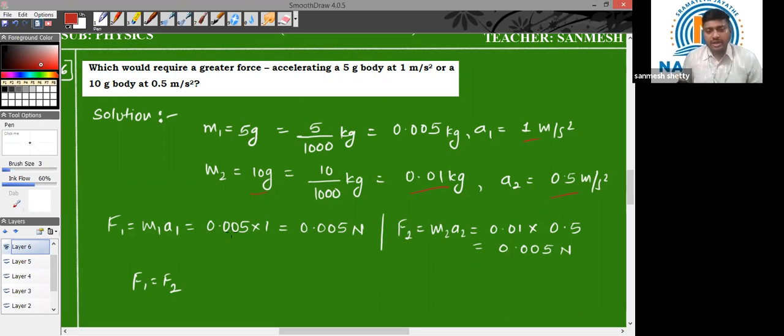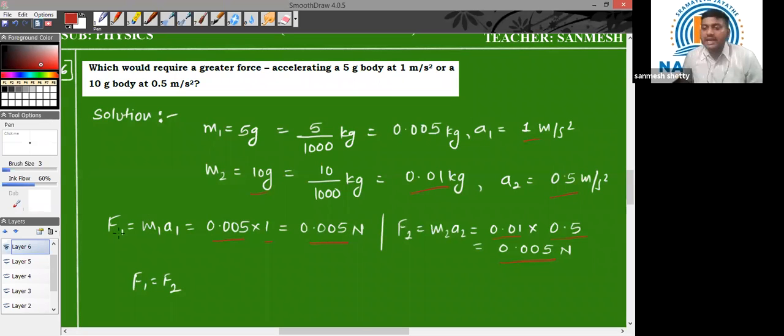So F1 is M1 into A1, which is 0.005 into 1, which is 0.005 Newton. Similarly, F2 is M2 into A2, which is 0.01 into 0.5, which comes to be again 0.005 Newton.